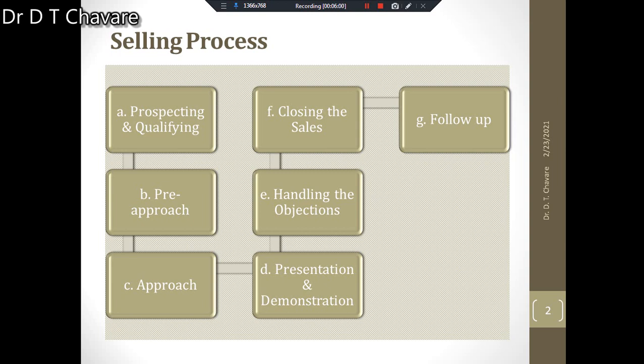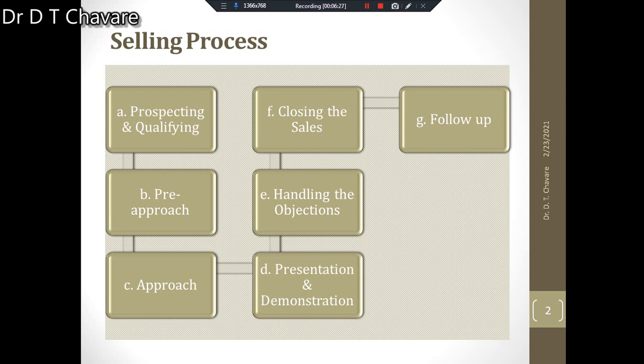Then another thing we have to understand, as per Philip Kotler. According to Philip Kotler, the selling process consists of the steps that the salesman follows when selling the product, which include prospecting and qualifying, pre-approach. It means such stages. What are those stages?